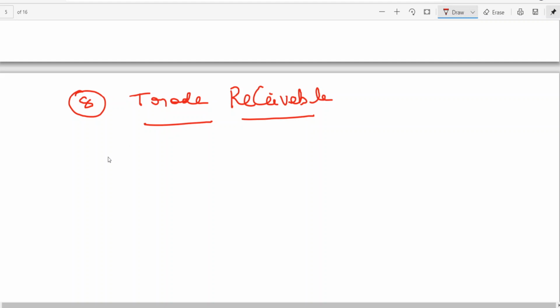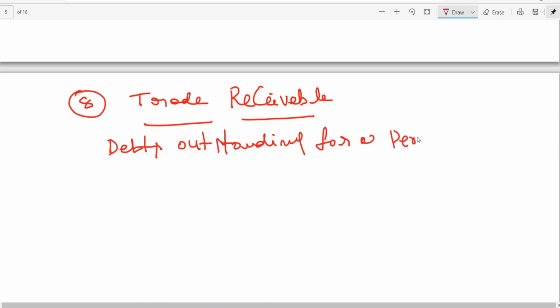Trade receivable outstanding for a period exceeding 6 months, 52,000.